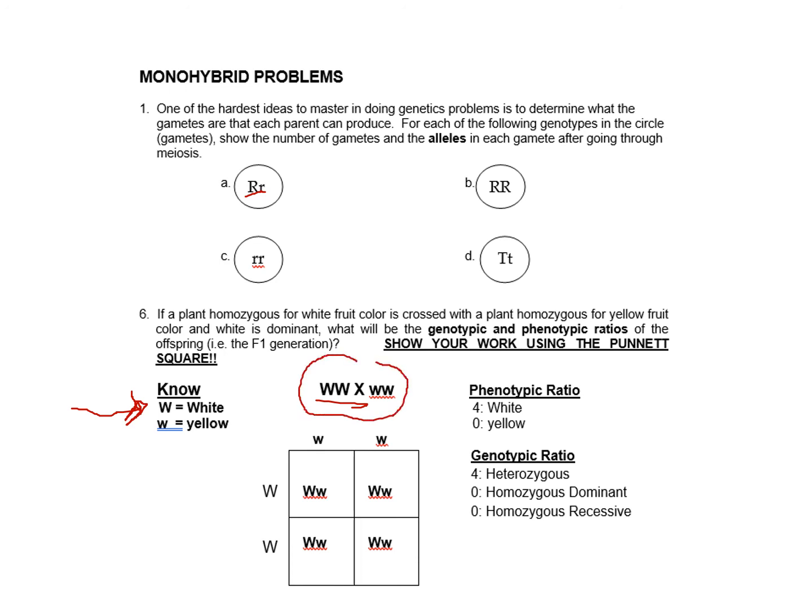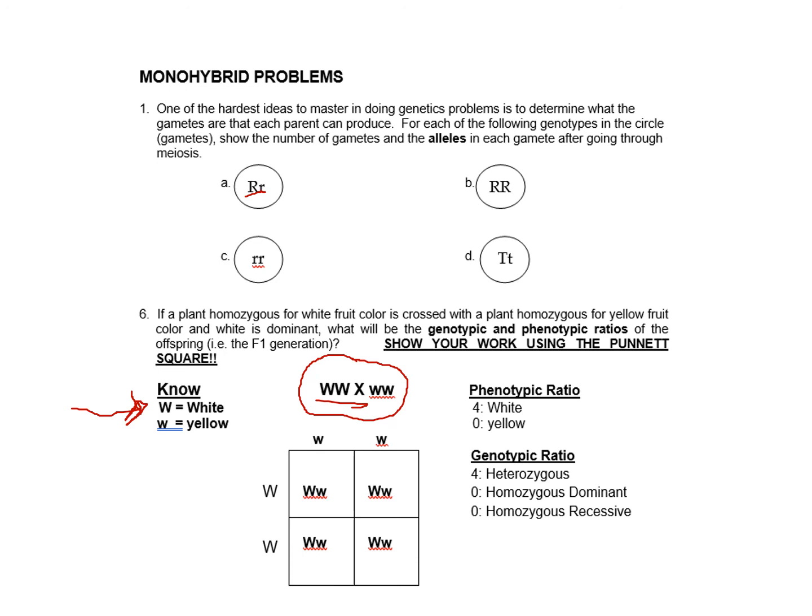You've got big W crossed, put an X, with a little w. And then, just like we did before with you and your partner's genotype, we're going to separate those homologous pairs into gametes. So on the left-hand side, you'd have your gametes for the parents. On the top, you'd have the gametes for the other parent.